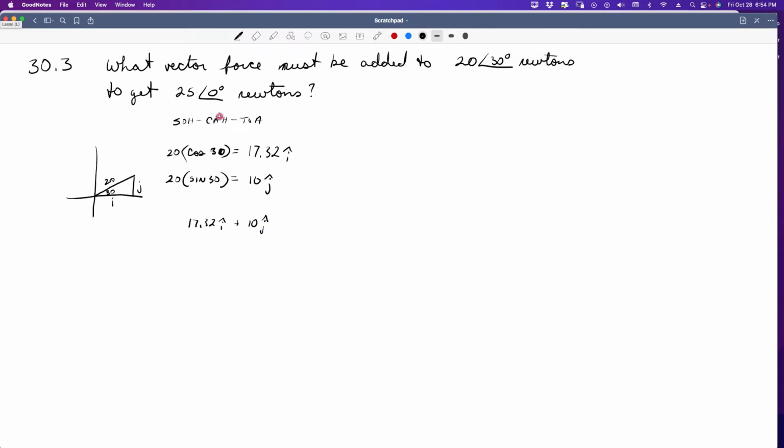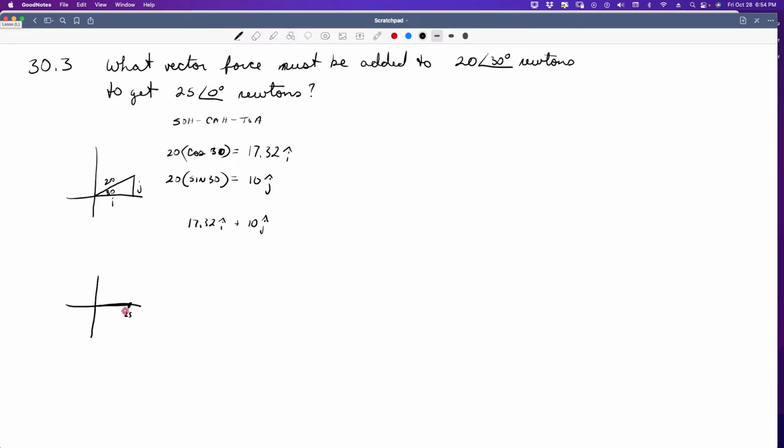Awesome. All right, now we've got to the other one. So let's do it down here. So at 0 degrees, that's right here. So this is just going to be 25 right here, right?